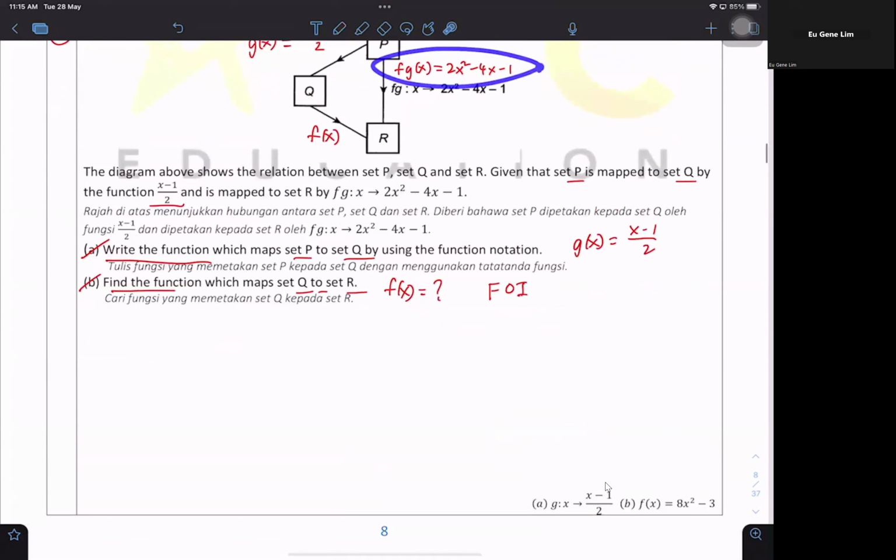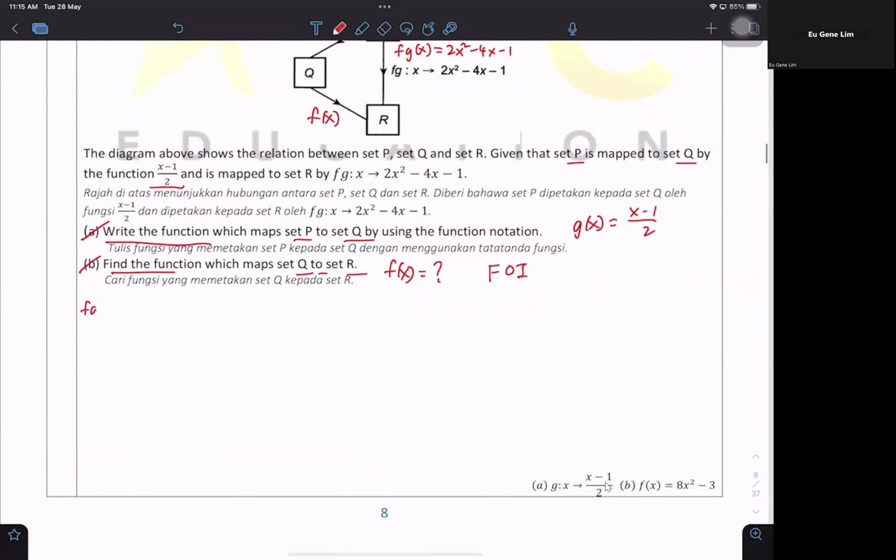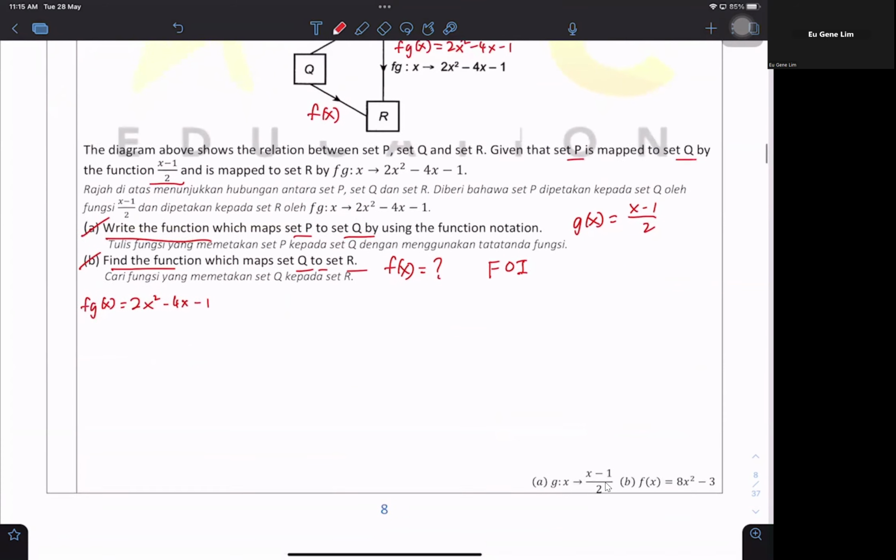So let's do together. First, I copy the question. fg(x) equals 2x squared minus 4x minus 1. So I want to find f. f is on the outside, so this question is find outside, find outside inverse. Now first, you do the same thing.